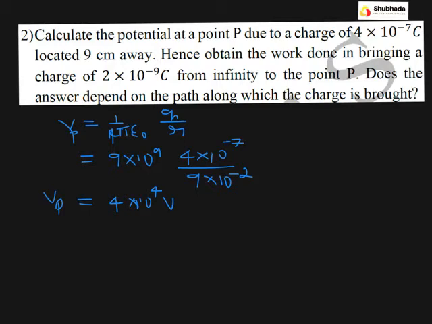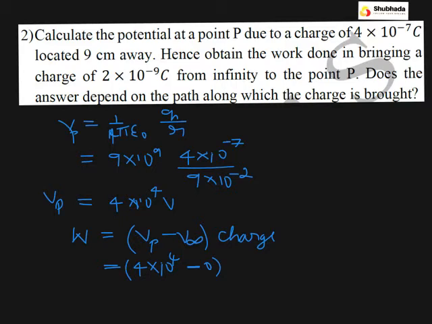So we need to calculate, hence obtain the work done in bringing a charge of 2 into 10 to the power of minus 9 coulomb from infinity to that point. As we know, the work done is potential difference multiplied with the charge. So potential difference is V at point P minus V at infinity, into charge. Therefore V at point P, just now we have calculated, is 4 into 10 to the power of 4 volt, minus potential at infinity, which is always taken to be 0, multiplied with charge.